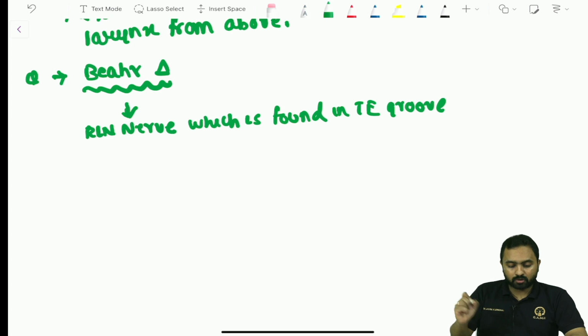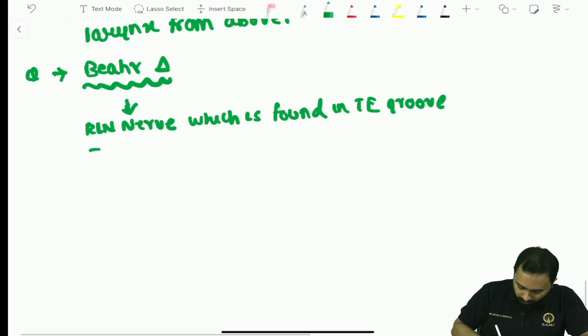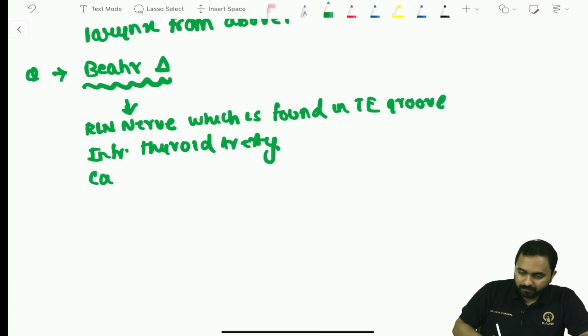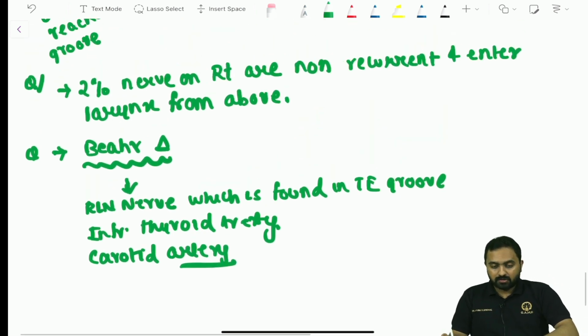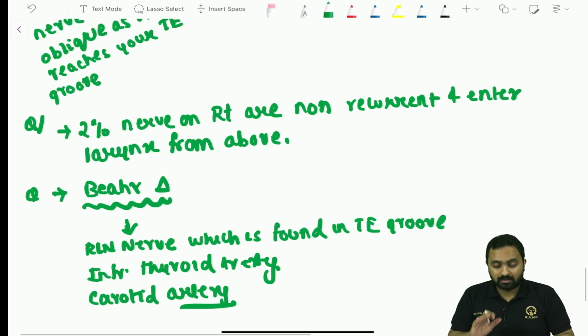Then the other two components of the Beahrs triangle include your inferior thyroid artery and your carotid artery, right?